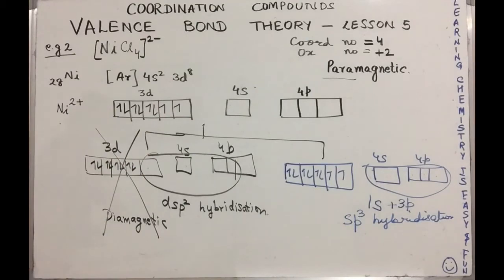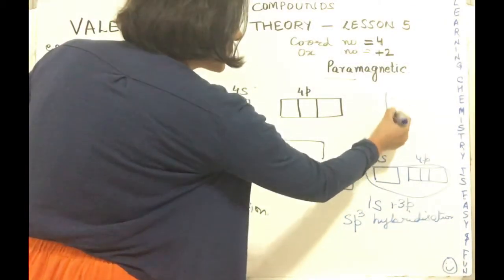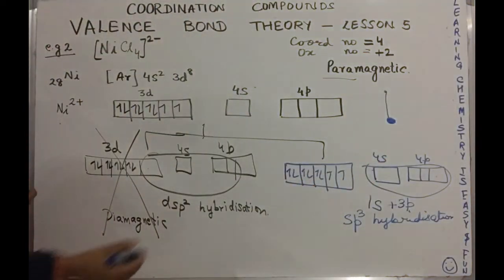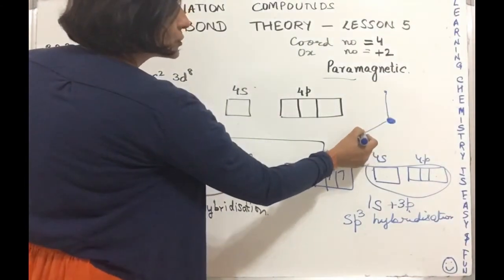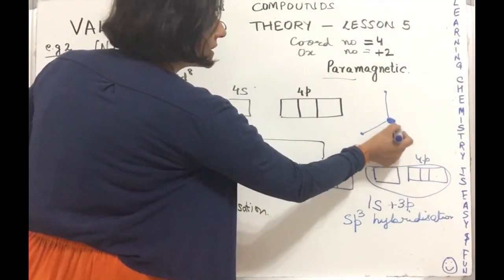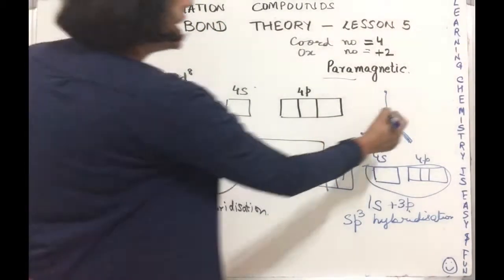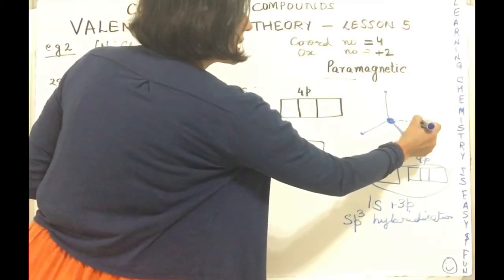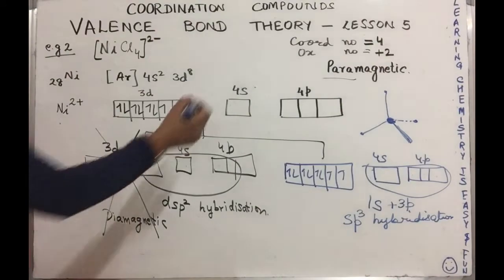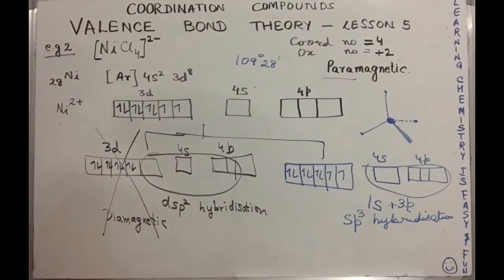And this tetrahedral means, so we have here 1. So let me denote the central atom by a big circle. And we have 2, and we have the 3rd one indicating that it is coming out of the board towards you, and there's 1 inside away from you, and the bond angle 109 degrees 28 minutes.